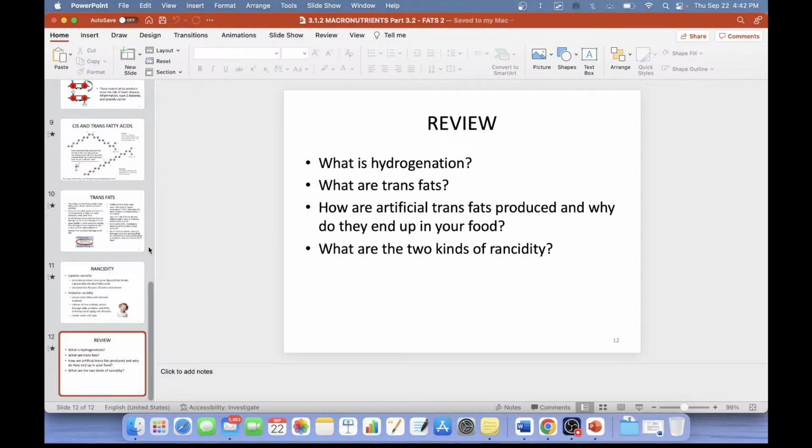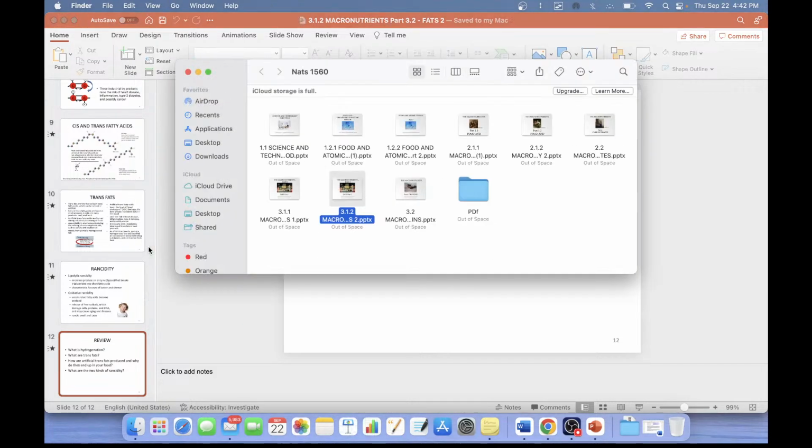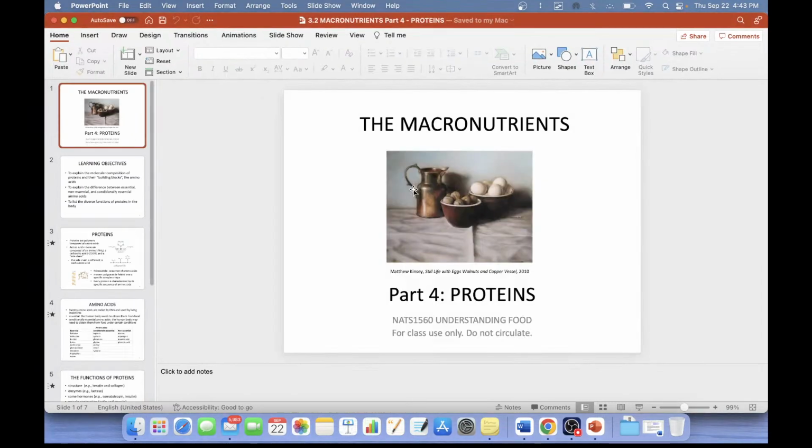Alright, so let's quickly move on to proteins. The learning objectives here are to explain the molecular composition of proteins and their molecular building blocks, the amino acids.